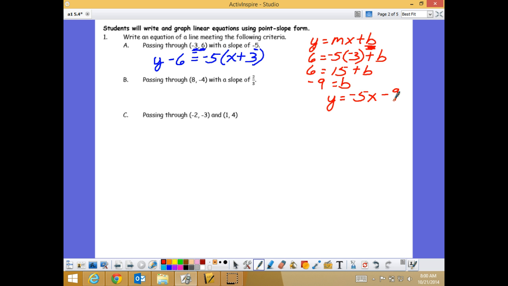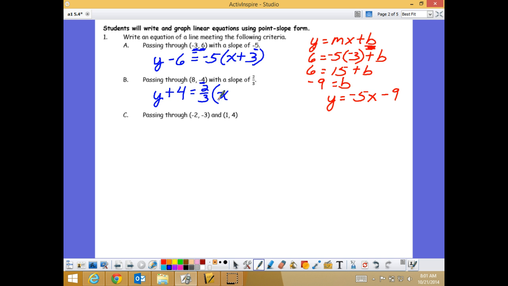Now, for the second one, we're going to do the same thing. We're going to just write point-slope form. We're not going to look at slope-intercept form of this at all. So with the point-slope form, again we start with the y, and we look at the y coordinate of the point that it goes through, and we remember to change the sign on it, so it becomes y plus 4, and that is equal to the slope times the quantity.